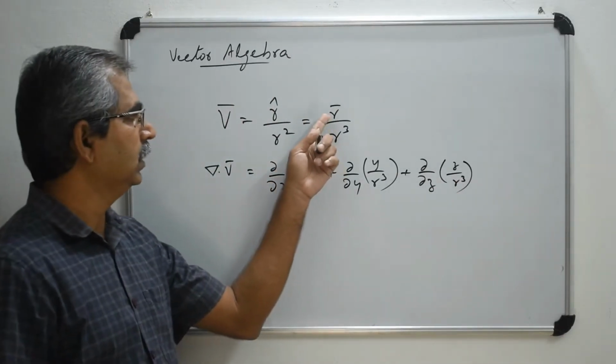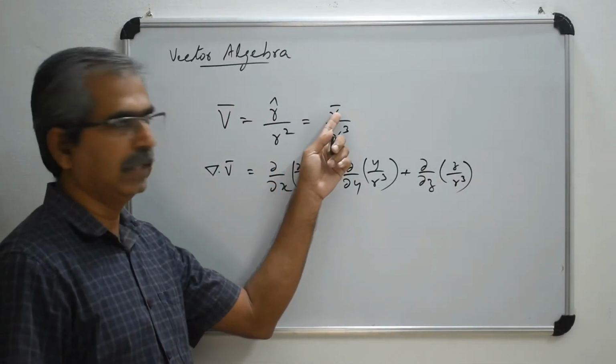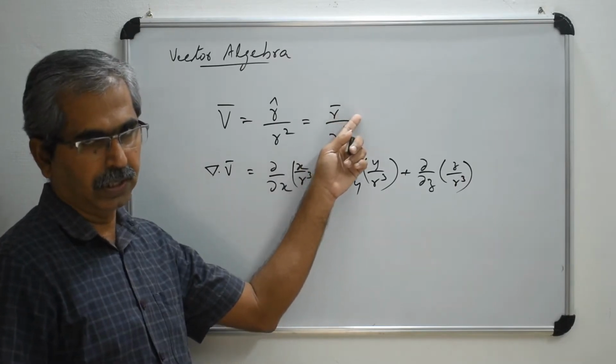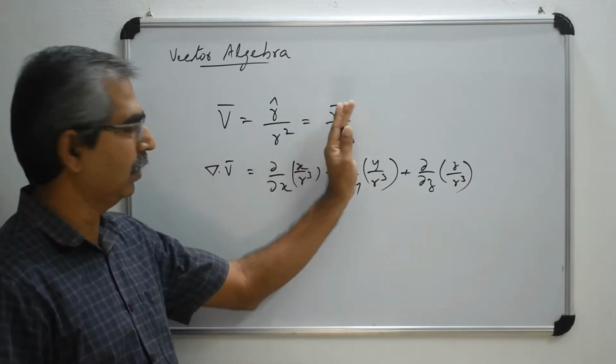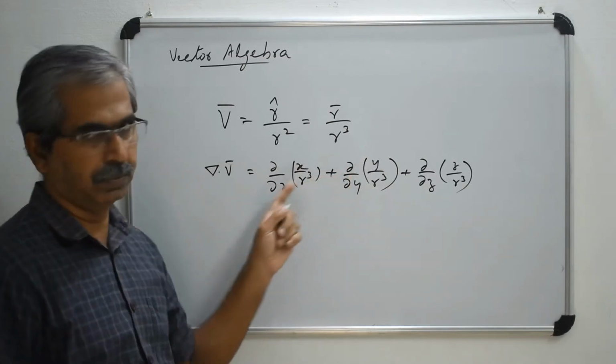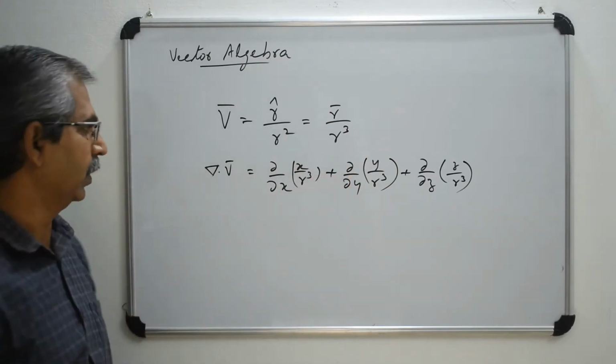Because this r bar is x x cap plus y y cap plus z z cap. So you have to take each component separately when you take the dot product.